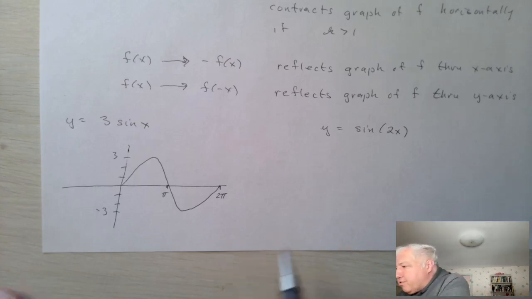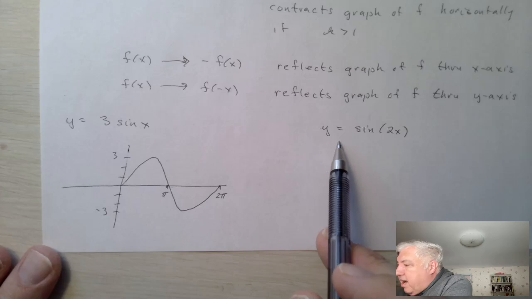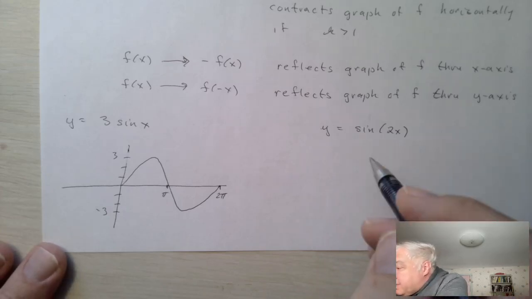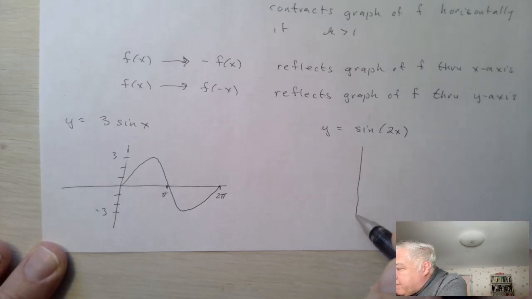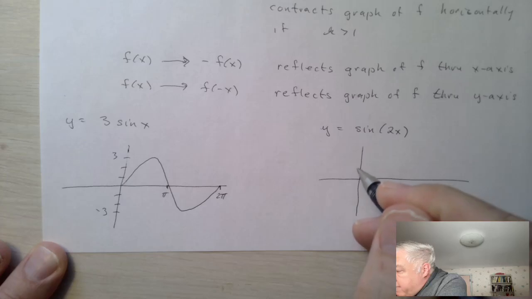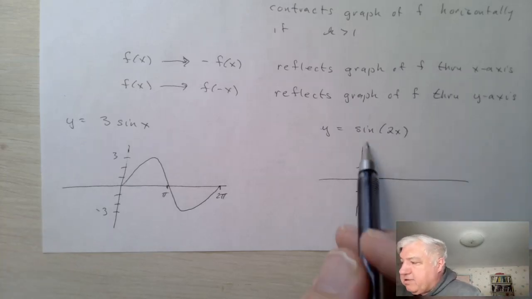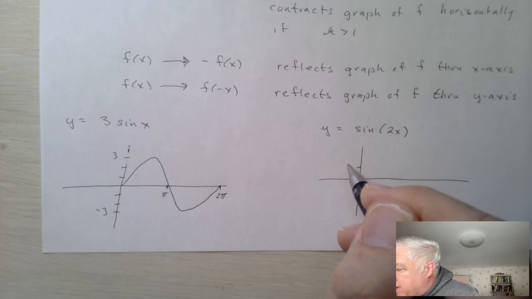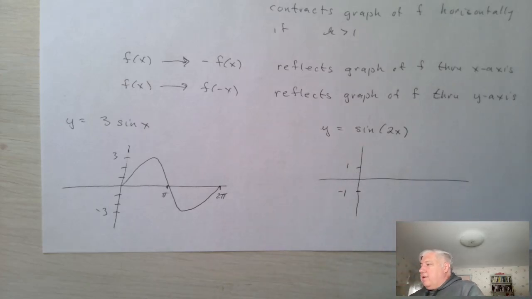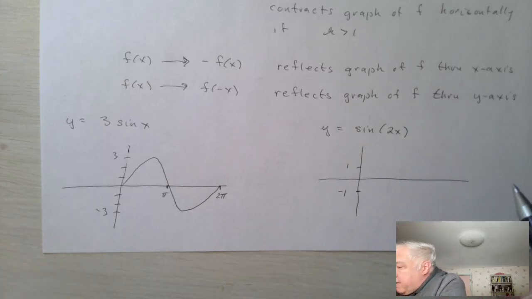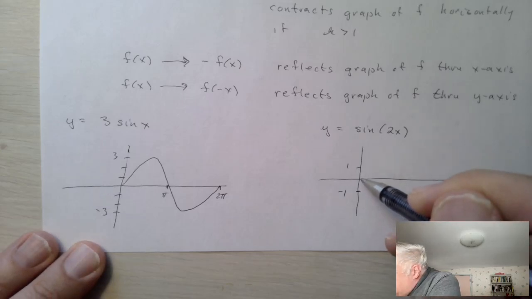So that's a vertical stretch. If we have y equals the sine of 2x, in this case we shrink things. The sine of anything is between 1 and -1, so the sine of 2x is going to be between 1 and -1. But now we've compressed this a little bit.